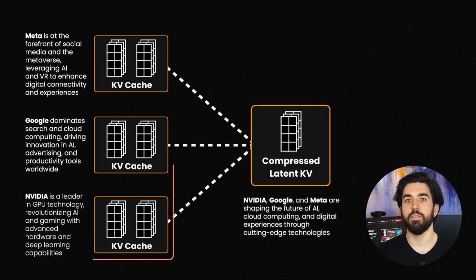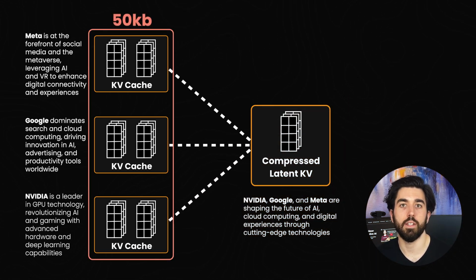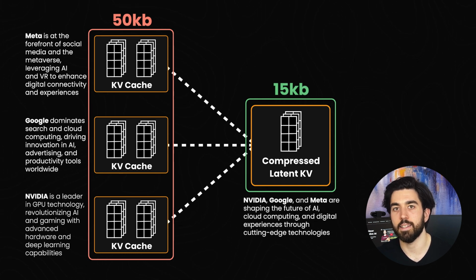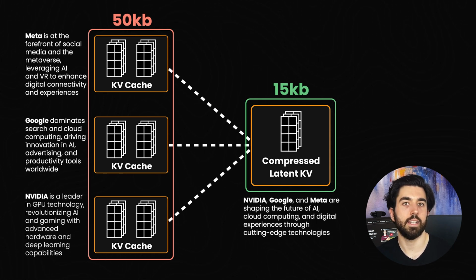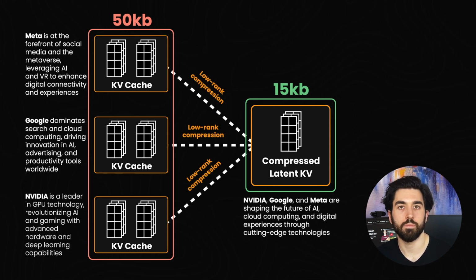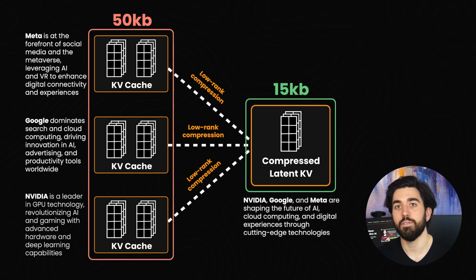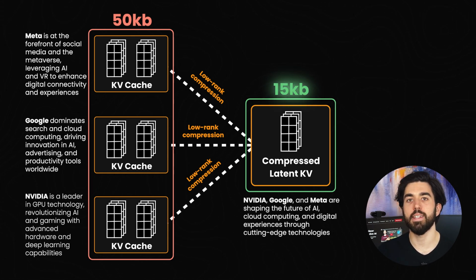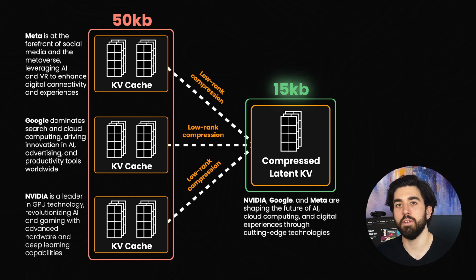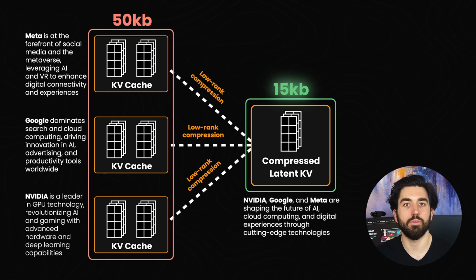But MLA specifically targets the KV cache bottleneck by drastically cutting its size. It does that using a technique called low-rank compression, which is the same as the LoRA fine-tuning approach. It reduces the amount of memory needed to store KV pairs without losing too much information.